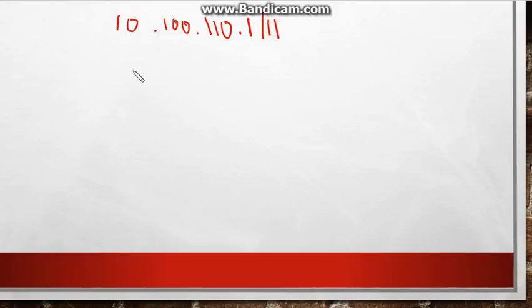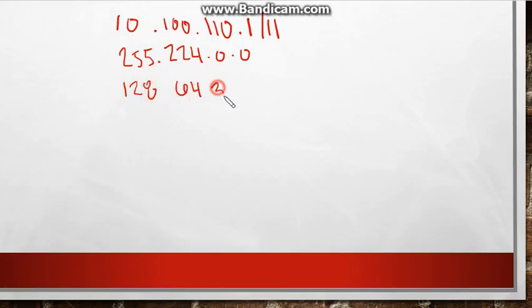So what is that? 255 plus 3 bits, which is 224.0.0. Because that's 3 bits: 128, 64, 32, 16, 8, 4, 2, and 1. So 8 and then 3: 1, 2, 3. The rotator is 32.